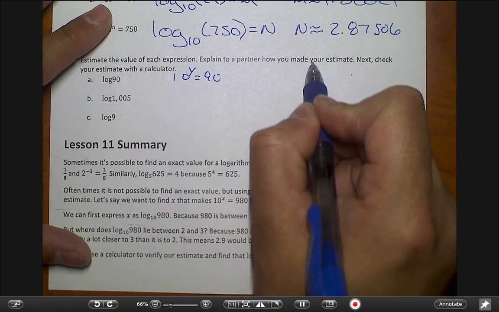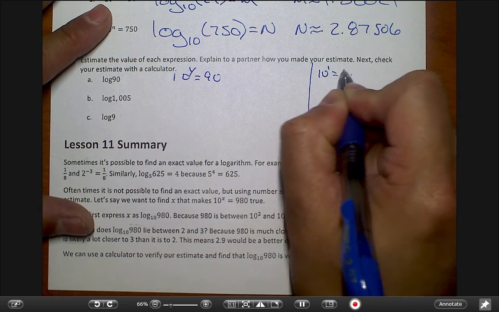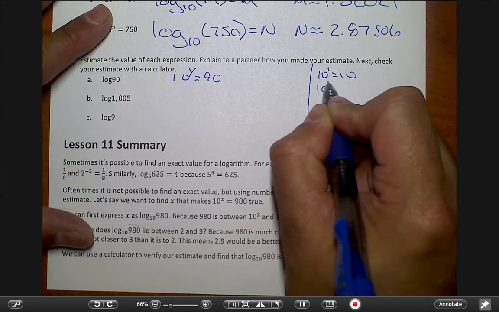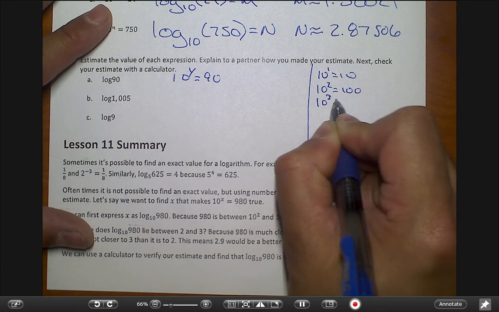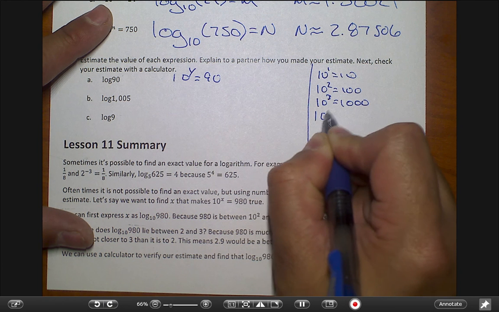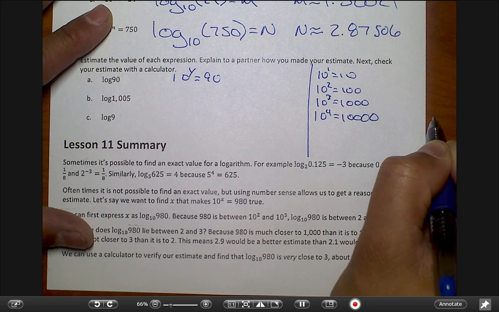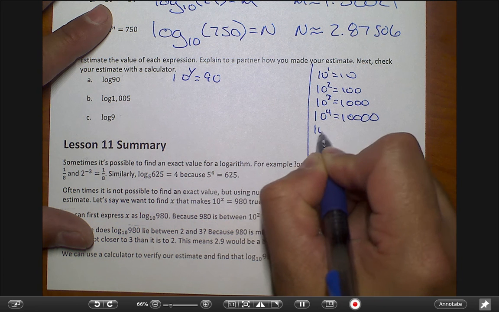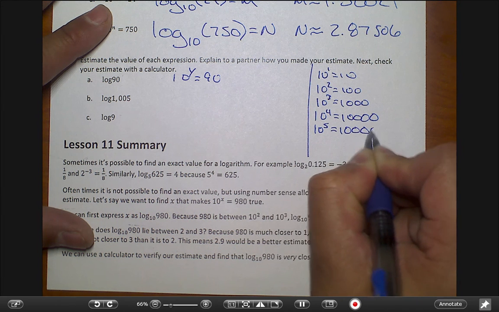Now, I'm going to go off to the side over here. I'm going to make my own table. So 10 to the 1 is 10. 10 squared is 100. 10 cubed is 1,000. 10 to the 4th is 10,000. 10 to the 5th, 100,000. There we go.